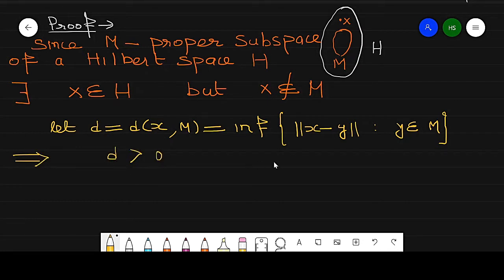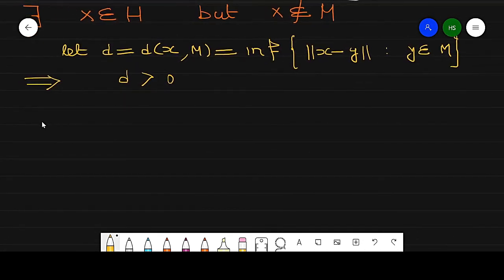So D is always greater than 0. Why is it greater than 0? Because x vector does not belong to M and y vector belongs to M. So that's why.